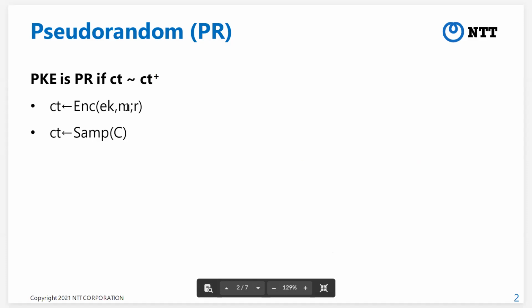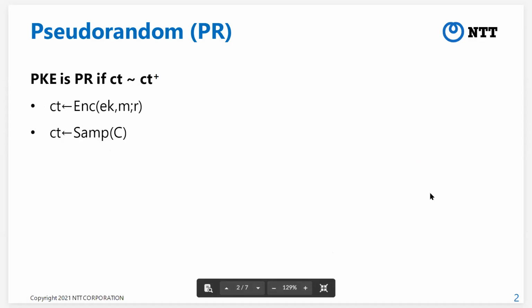The adversary chooses a message this way, then the adversary can obtain the real ciphertext. CT plus is a sample from the ciphertext space. We say the public key encryption is pseudo-random if the real ciphertext is indistinguishable from this simulated ciphertext.